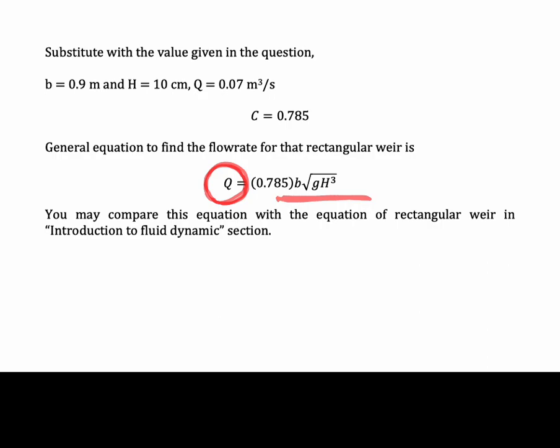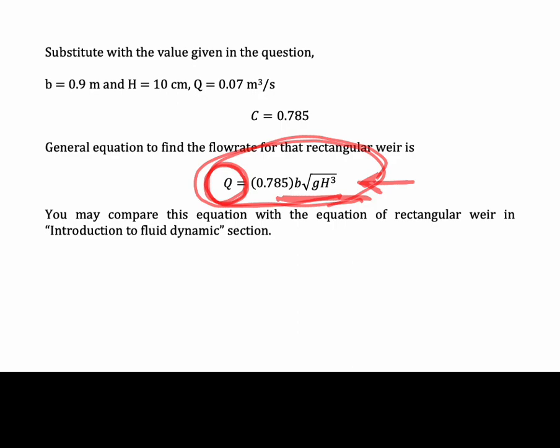You may compare this equation with the equation of the rectangular weir in the Introduction to Fluid Mechanics section. I think you still remember, we learned about the rectangular weir and the triangular weir in the fluid dynamics section, so you could make some revision from that section. You will find that the equation that we get from the Bernoulli equation is almost the same as the equation that we get here.